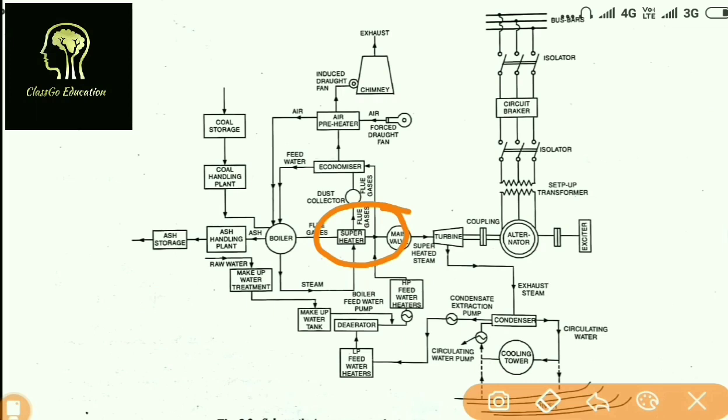If someone asks you the function of the superheater, you must say that superheaters are used in steam power plants to remove the last traces of moisture from the saturated steam leaving the boiler tubes, and also to increase its temperature above the saturation temperature from the heat of combustion gases from the furnace.